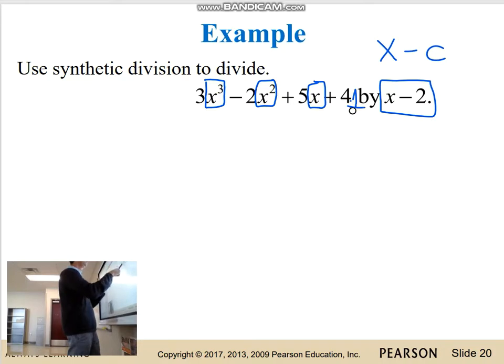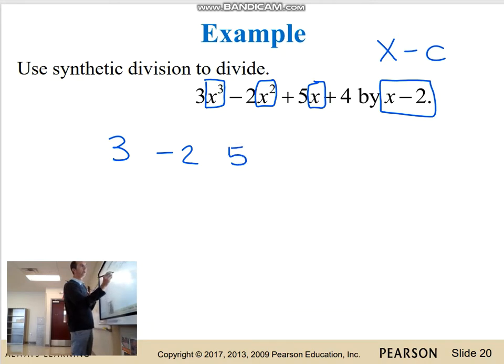So you have all the variables with all the degrees. Now I'm going to write each one of the coefficients: 3, negative 2, positive 5, and positive 4. Okay? And on this side here, I'm going to write c. x minus c is x minus 2, that means c equals 2.